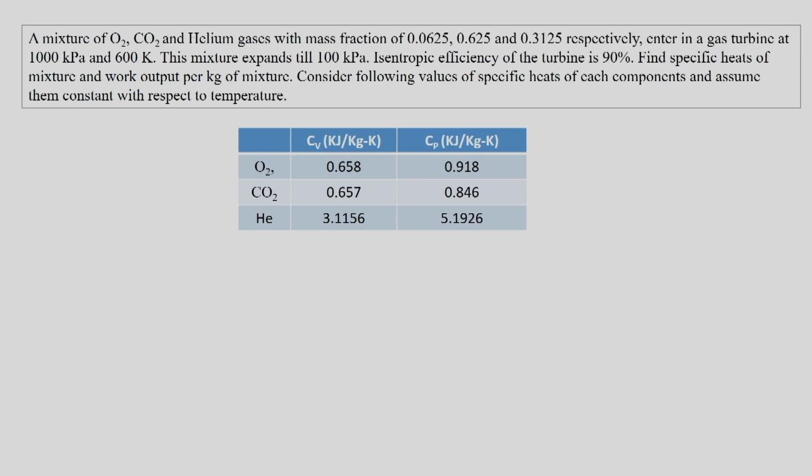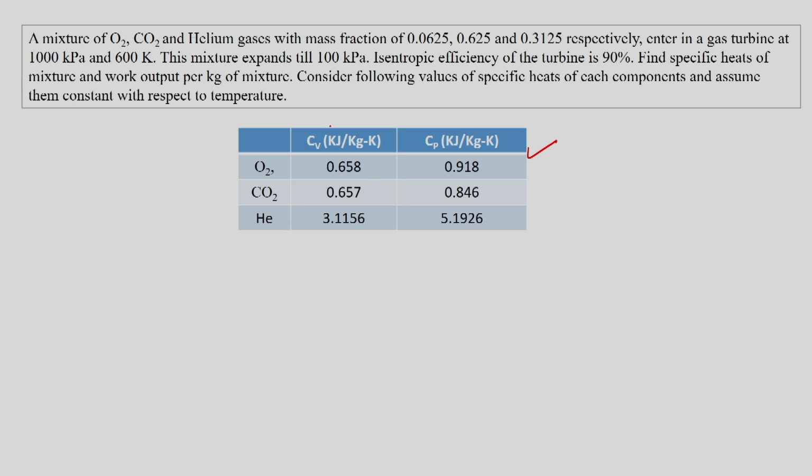This mixture expands till 100 kilopascal. Isentropic efficiency of turbine is 90%. Find specific heats of mixture and work output per kg of mixture. Consider the following values of specific heats. Basically they are given in the table for each component, and assume them constant with respect to temperature.